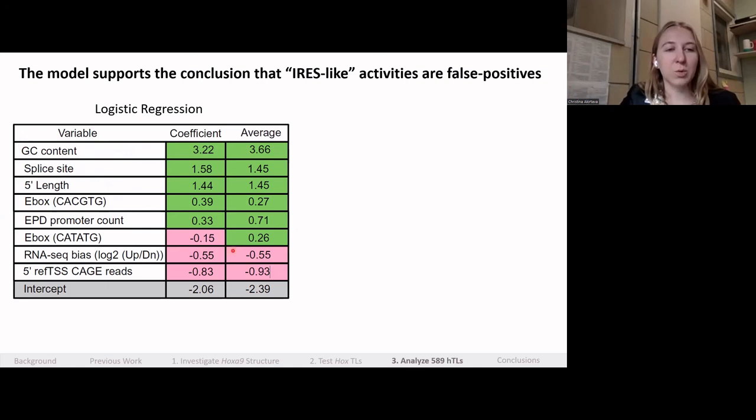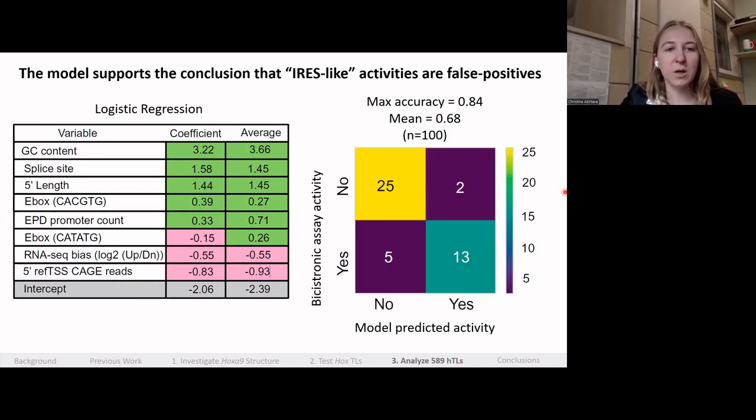Meanwhile, features which were associated with correctly annotated transcript leaders, for example, having a transcription start site at the 5' end and having RNA-seq covering the whole transcript leader, were indirectly correlated with a hyperconserved transcript leader being labeled as active. So here are just the results of the logistic regression model in this box form: we had an 84% accuracy from 100 trials.